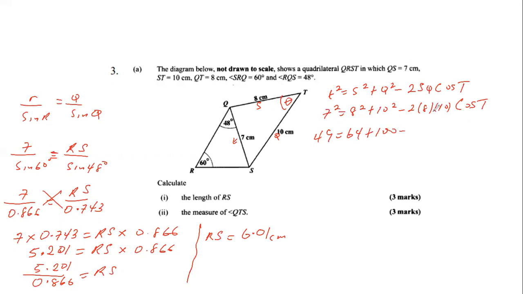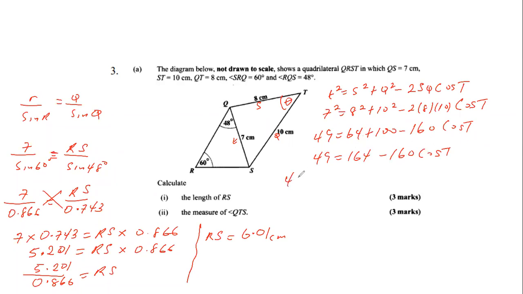Minus 2 times this is what? When we work out this, what do we get? 160. All right. Cos t. So we say 49 equal to 164 minus 160 cos t. Now we are going to find cos t. So move this one to this side.